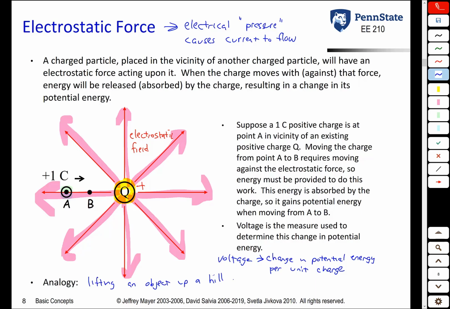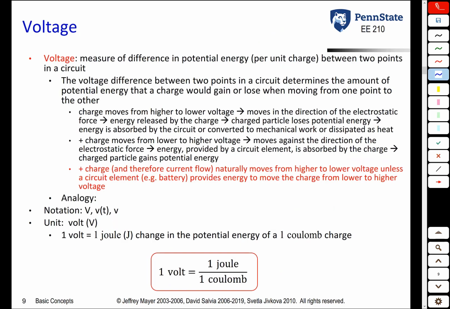And as you're at that higher elevation, that object has potential energy, so that if it rolls down that hill, it loses that potential energy and it gets converted to kinetic energy. Okay, so let's see how this relates to voltage. As I said on the previous slide, voltage is a measure of the change or the difference in potential energy per unit charge between 2 points in a circuit.